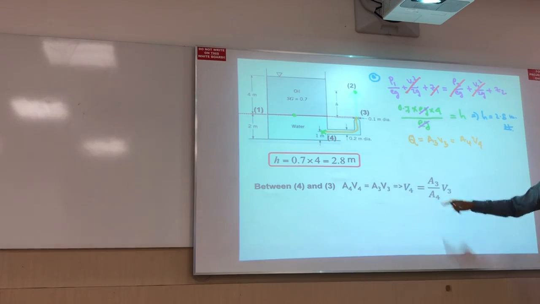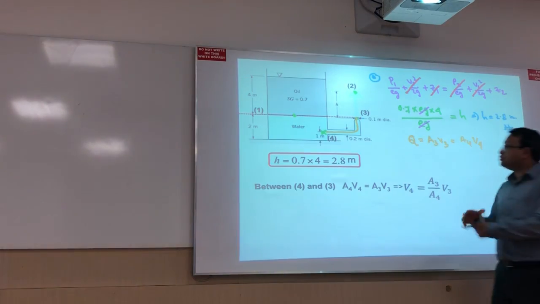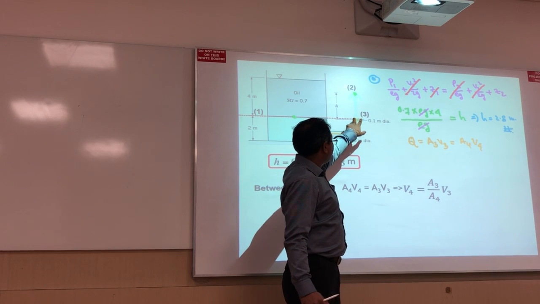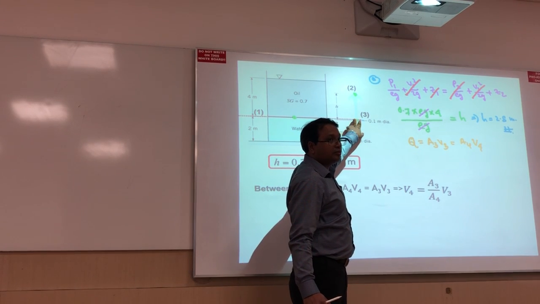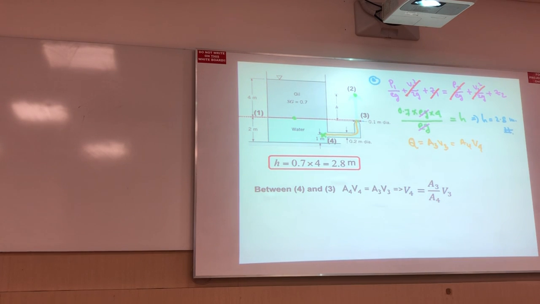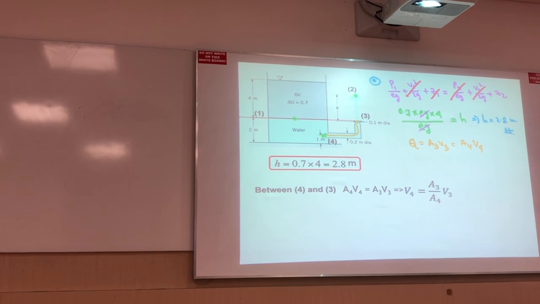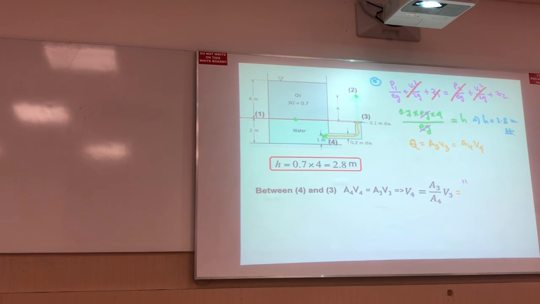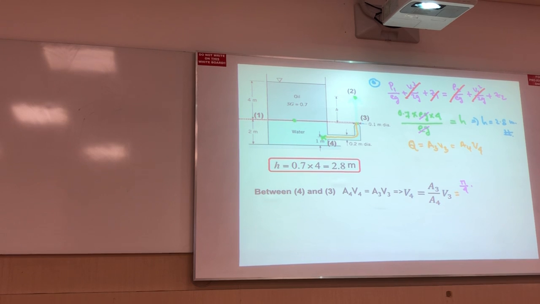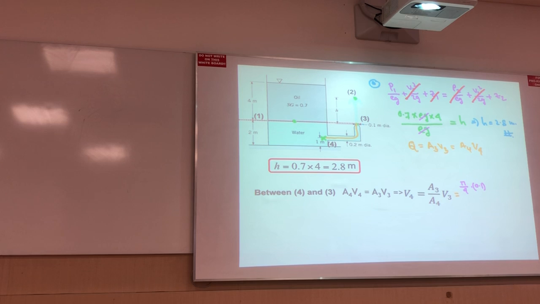What is A3 and A4? Because I know the diameter. A4 diameter is 0.2 and A3 is 0.1, right? Now I just put the value here. What can I write? Tell me. This one is pi by 4, A3 is 0.1, right? 0.1 square.